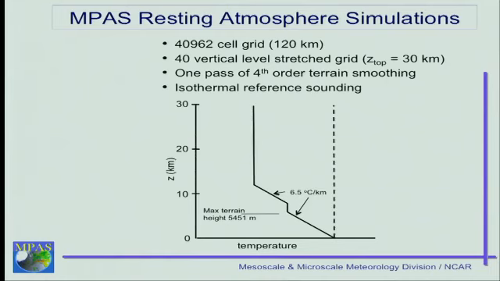We're running 40 levels in the vertical with a stretched grid, so we have a small grid increment of less than 100 meters down at the surface, and then expanding upward to a top at 30 kilometers. We use the high resolution terrain data interpolated onto that grid and then run one pass of a fourth order terrain smoothing on that. And I've specified an isothermal reference sounding.